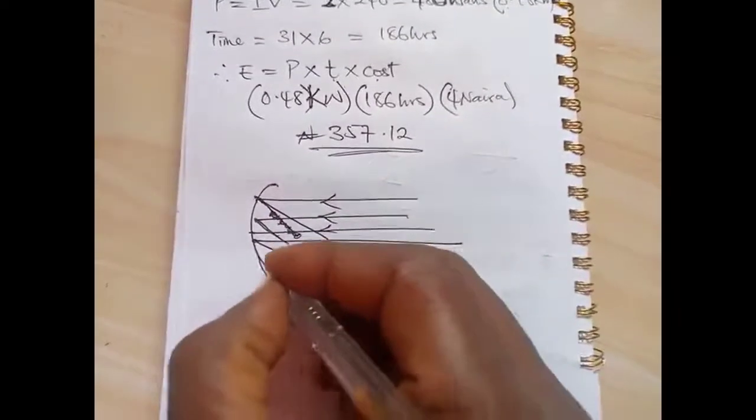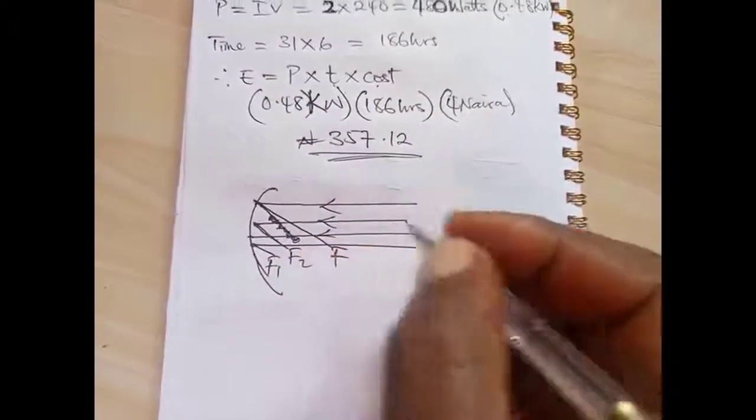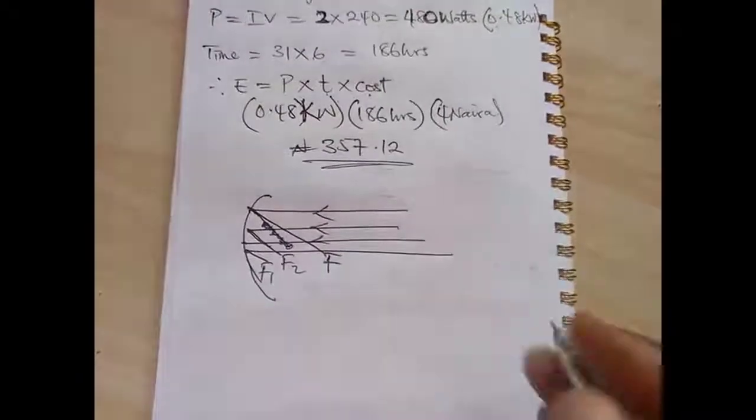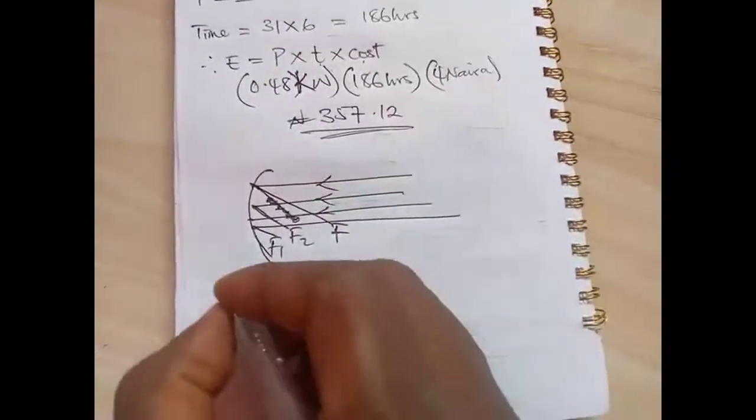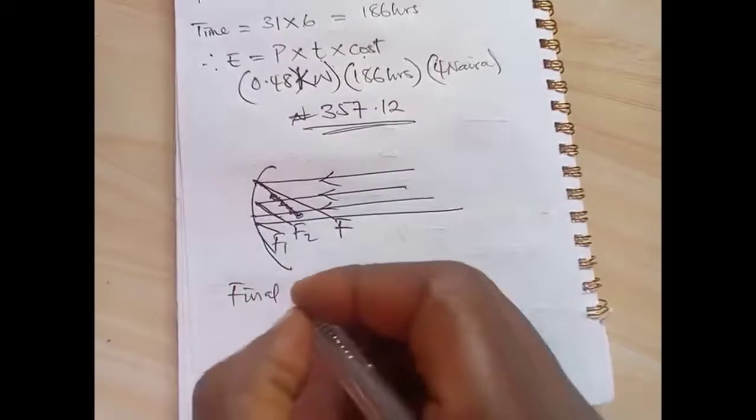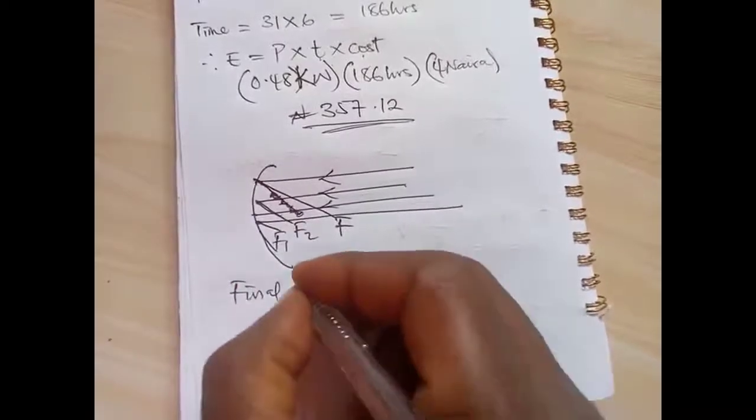So here is F1, here is F2. What it means is that the final image is blurred.